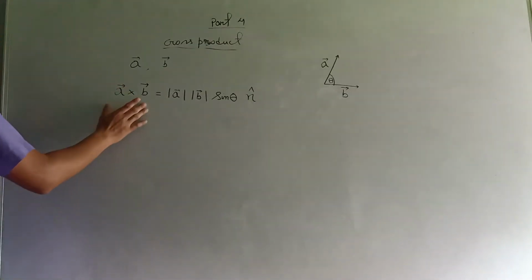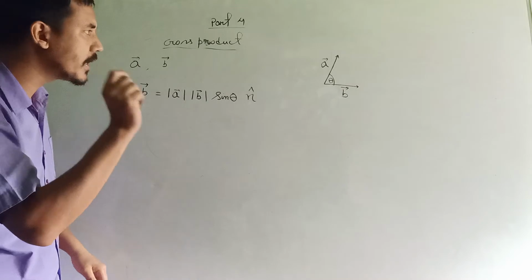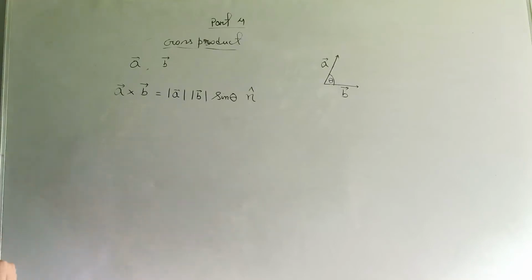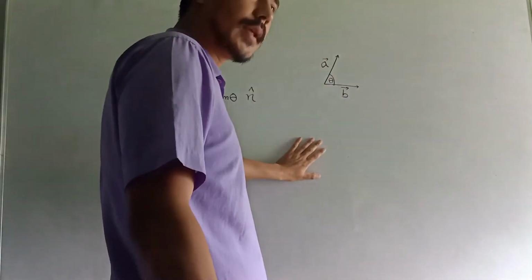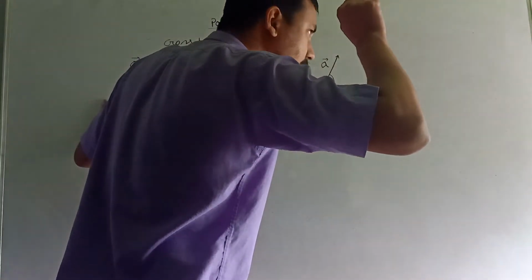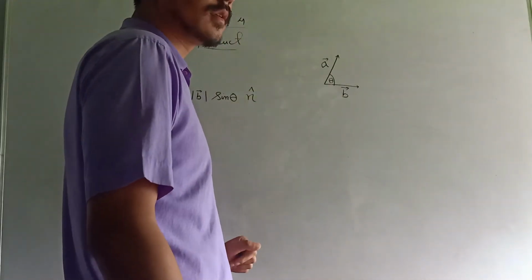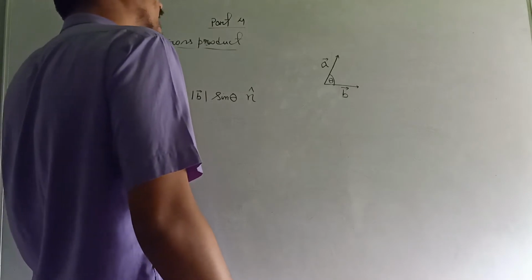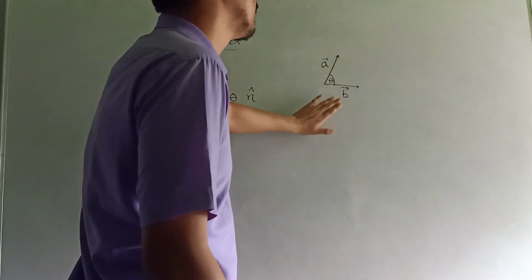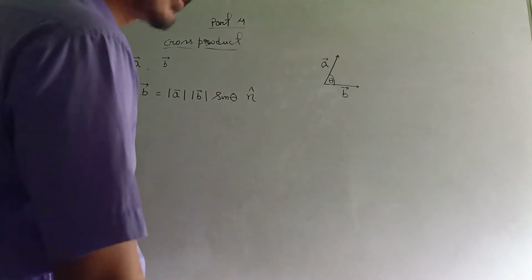So A cross B is a vector quantity, and the direction of this A cross B should be perpendicular to the plane containing both A and B. If A and B are two vectors, then definitely A and B lie in a plane. So the direction of A cross B will be perpendicular to the plane containing the two vectors A and B. Are you following that?